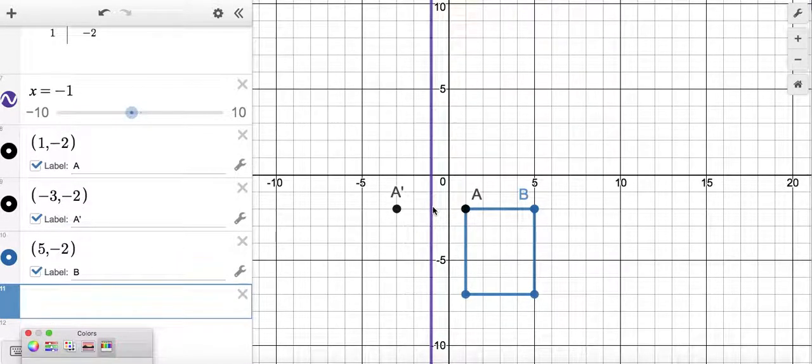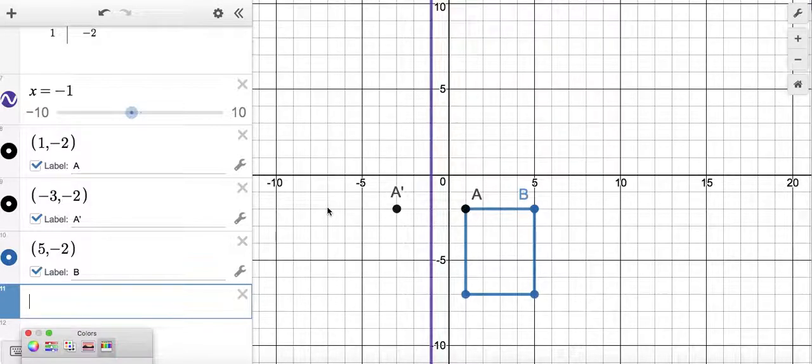So let's see how many spaces it is away from this purple line, which is x equals -1. So we have 1, 2, 3, 4, 5, 6. So if I start here, I have -1. I'm going to go 6 spaces to the left: 1, 2, 3, 4, 5, 6. So my point needs to be right here.